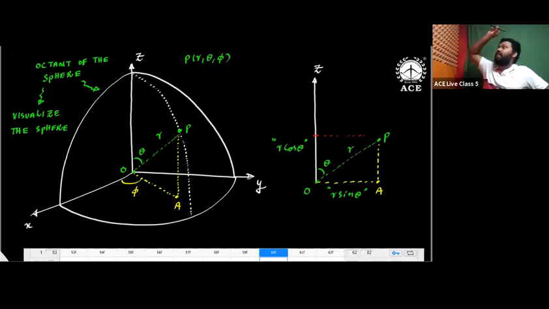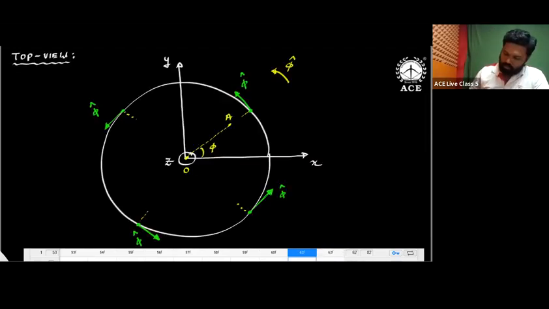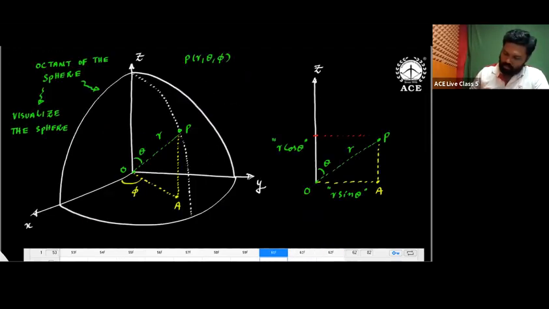What is theta? Theta is like this. To indicate the theta, I'm going to consider one more diagram. Here it is Z beta.